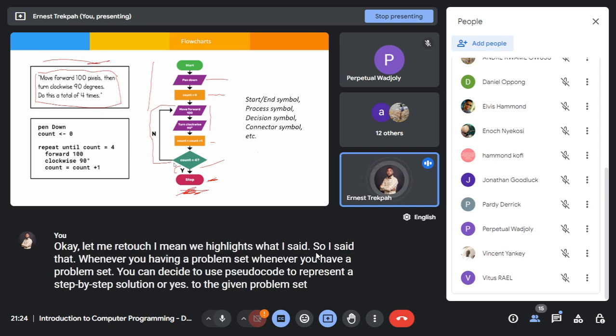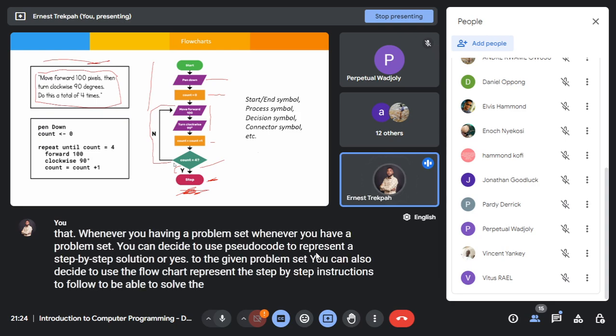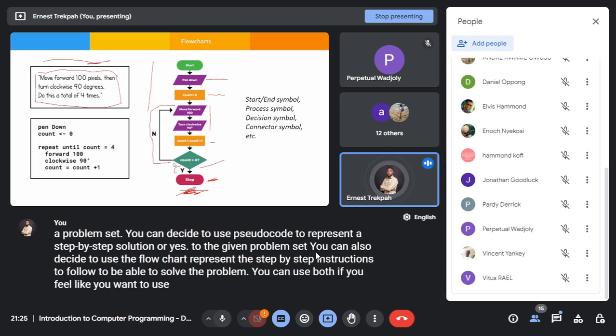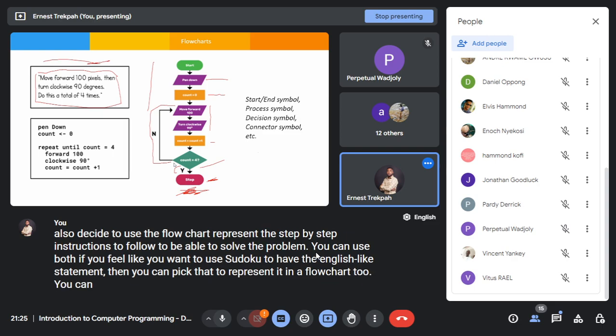You can also decide to use a flowchart to represent the step-by-step instructions to follow to solve the problem. You can use both. If you want the English-like statement, you can pick pseudocode, and you can represent it in a flowchart too. It all boils down to your preference.